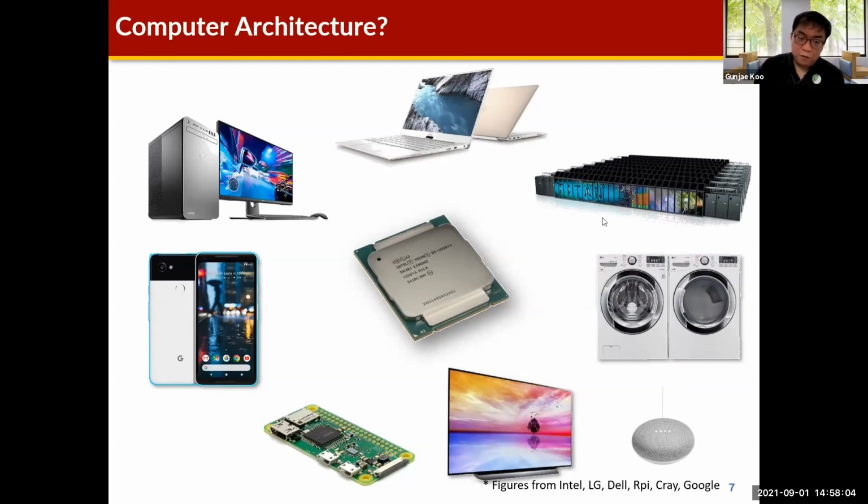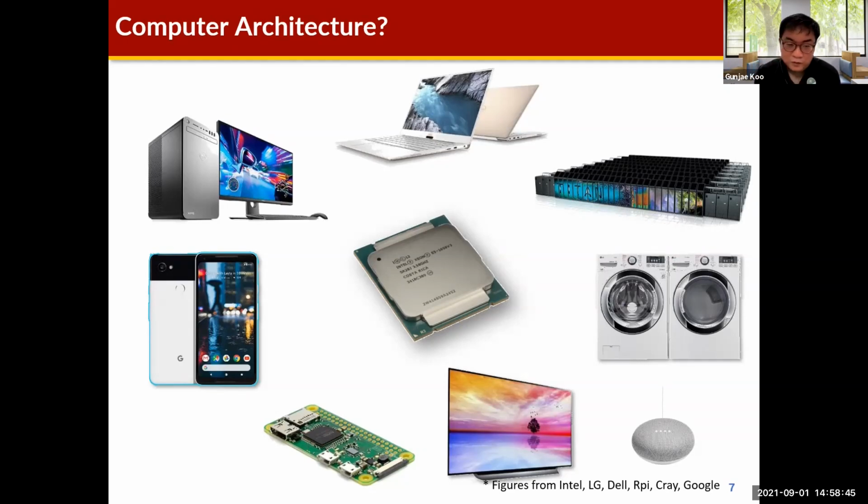And how about mobile computer systems like smartphones? What is required for these mobile computer systems? What do you consider if you purchase a smartphone? Speed. Speed means performance. Battery time, right?